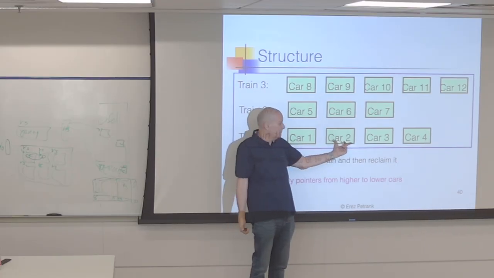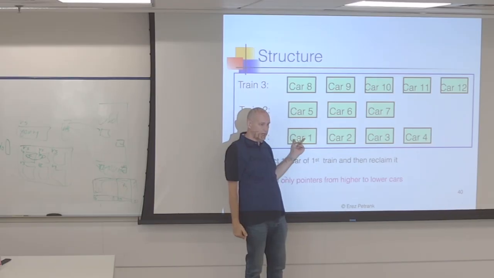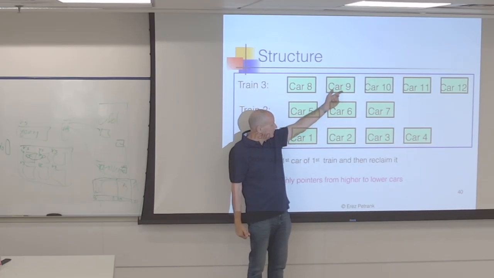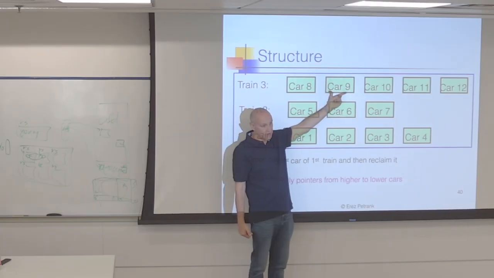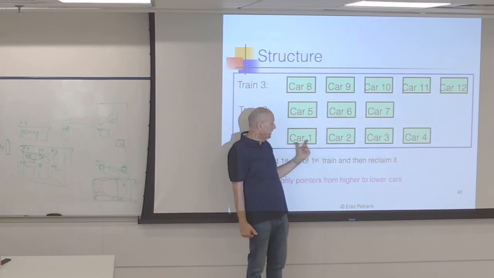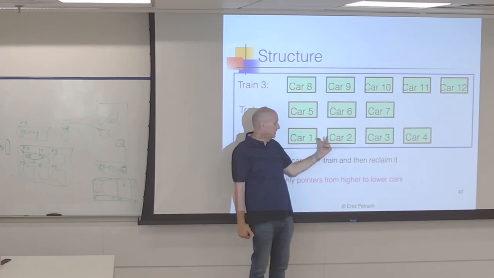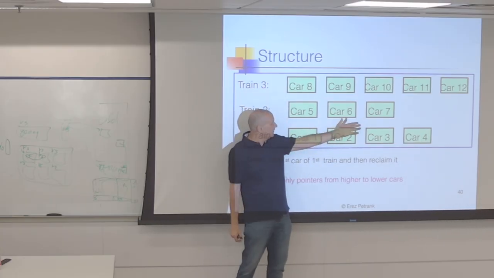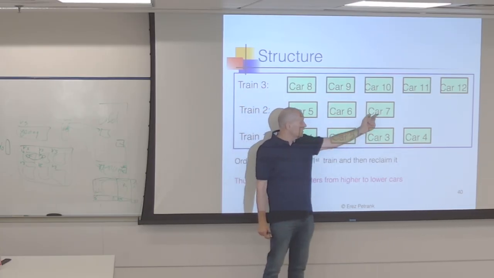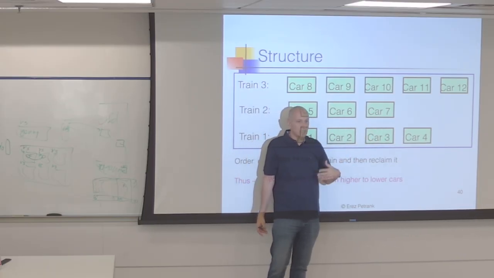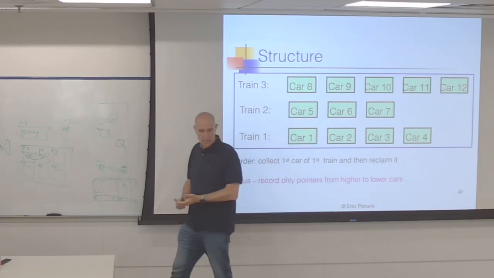So I don't need to keep it because things will move out. If there's anything reachable here, it will move to some other car and then it will be in a larger car than 2, and then I will put it into a remembered set. There's no way I will reclaim car 2 and I will need to know about something that's in car 1. And in general, if I have a pointer from 2 to 7, I don't record it because there will be no car 2 when I come to collect car 7.